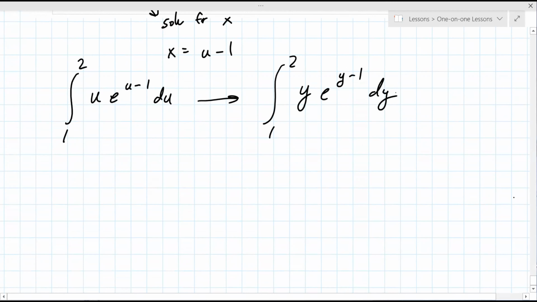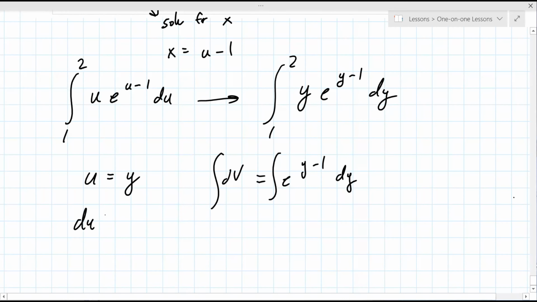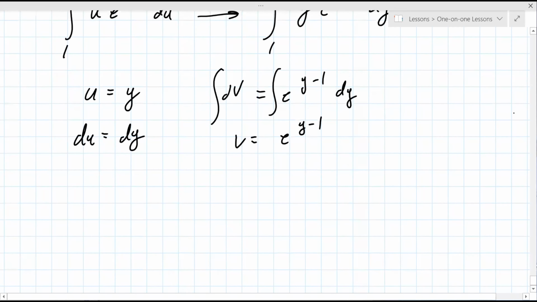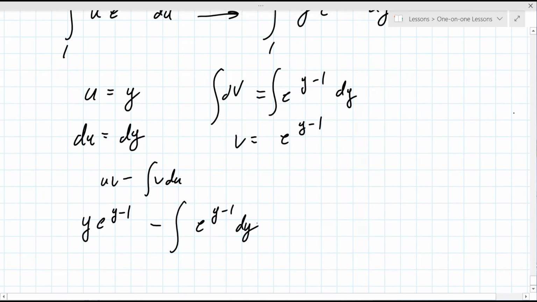That's totally okay. So your u is equal to y, and your dv is equal to e to the y minus 1 dy. So when you integrate, you get du equals dy, v equals e to the y minus 1. So your uv minus integral v du, your uv is y e to the y minus 1 minus the integral of e to the y minus 1 dy.